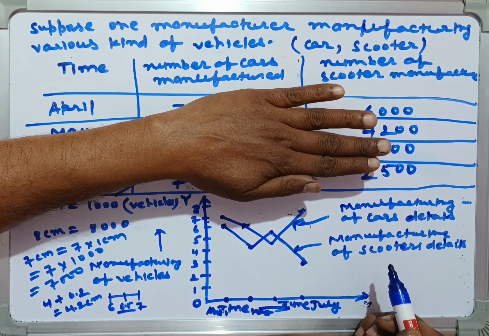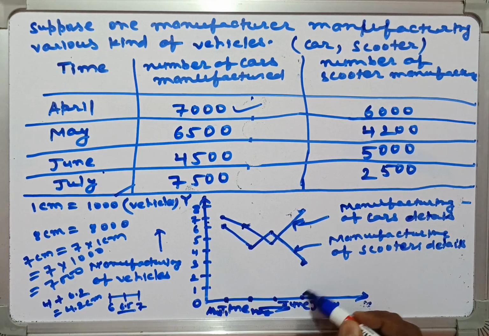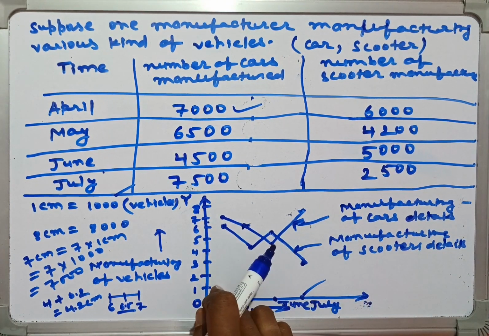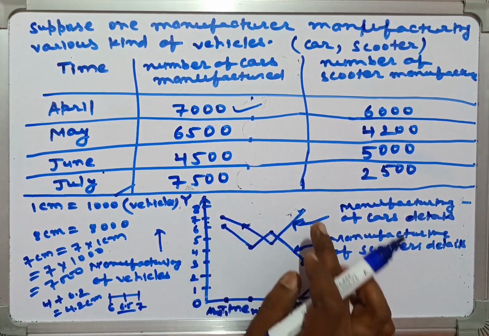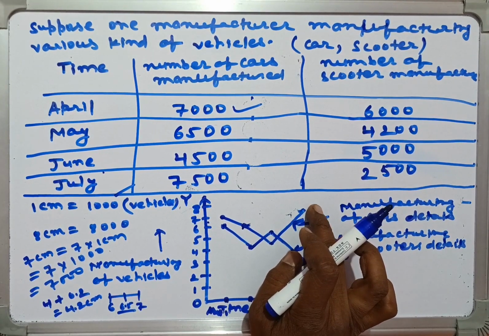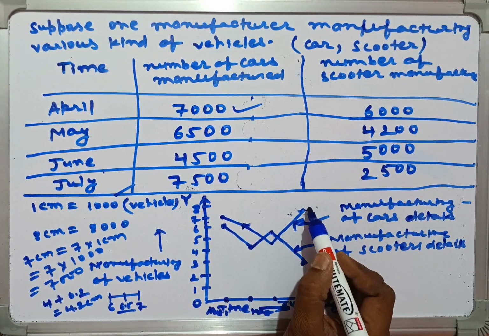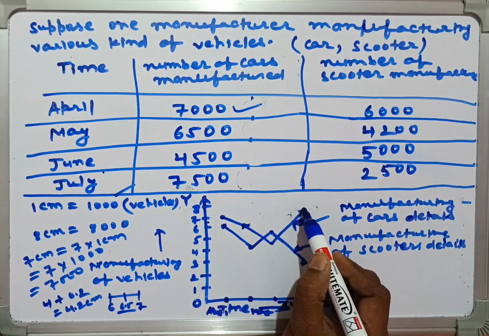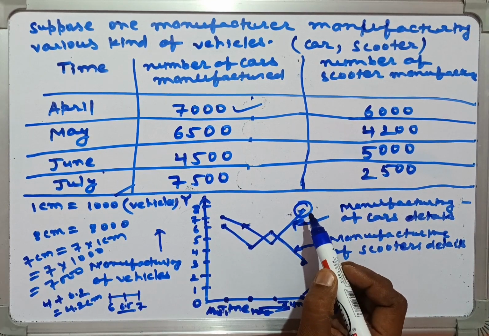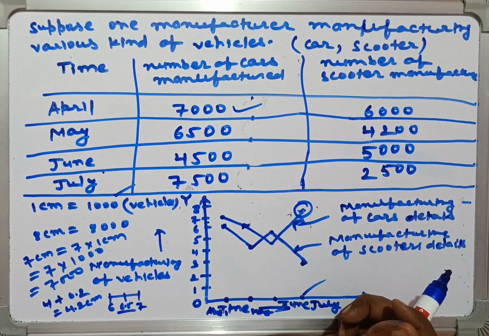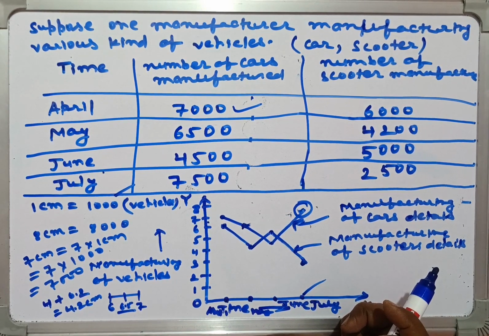So your answer is July, this one. Why? Because in the vertical line this point is at the highest point. In this way we can use the line graph for representing information.